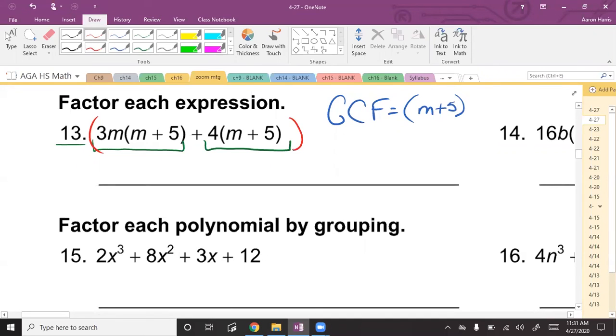And then put parentheses where? On the bottom. What did I tell you to put out to the left? The greatest common factor. Good. So let's do that. And the greatest common factor is n plus 5, correct? And then what did we do with the GCF?